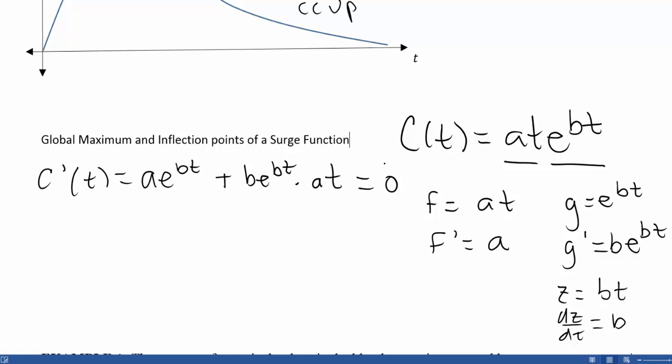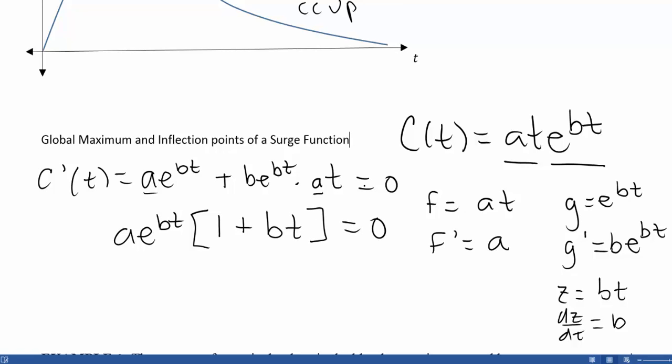And we want to know, is there a way to figure out when that equals 0? The answer is yes. If we're careful with our algebra, we'll be able to figure this out. Notice that both terms have an a and an e to the bt, so we're going to factor that out. If we take out an a e to the bt, I'm left with a 1 from the first term and a bt from the second term.